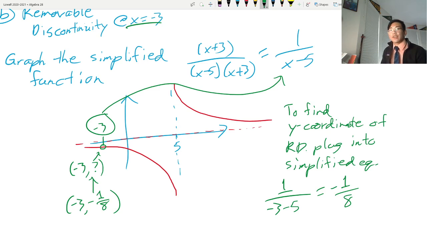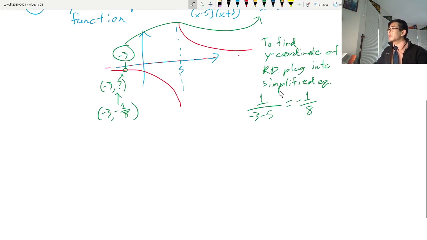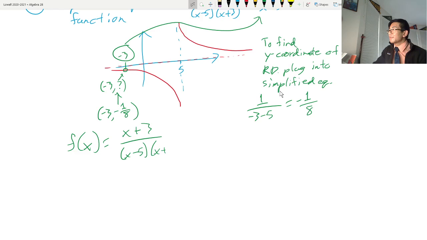The last thing, while we're at it, why not find the domain and range? For this function, f of x equals x plus 3 over (x minus 5)(x plus 3), the domain is all the real numbers other than 5 and negative 3.